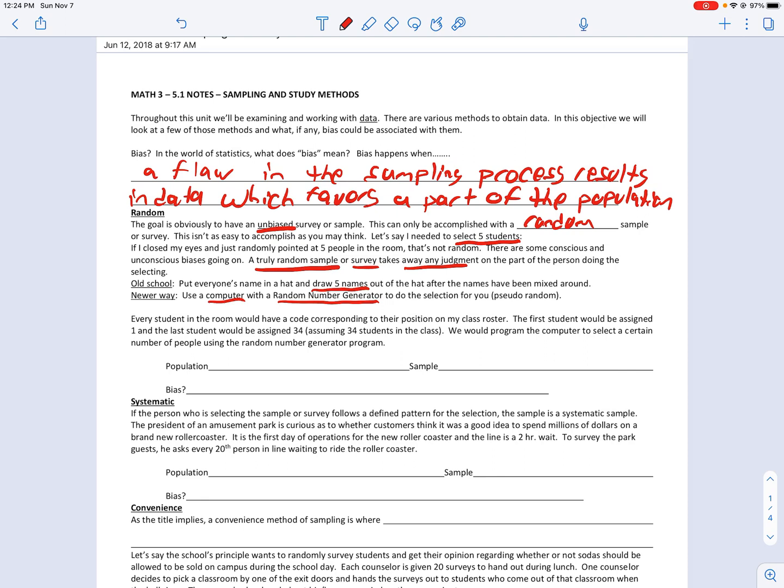So what is the population? That would be all the students in class. It's all 34 students. The sample would be the 5 students selected.